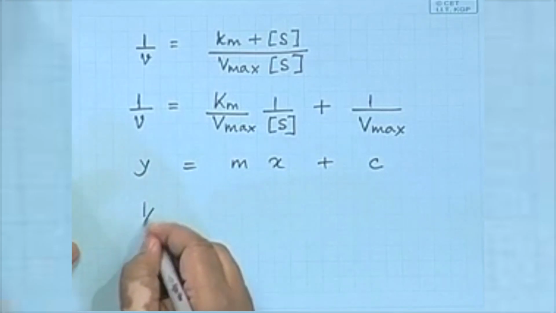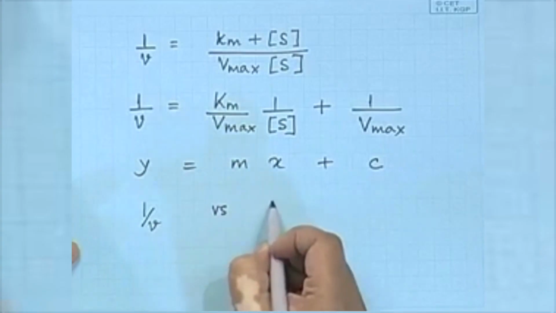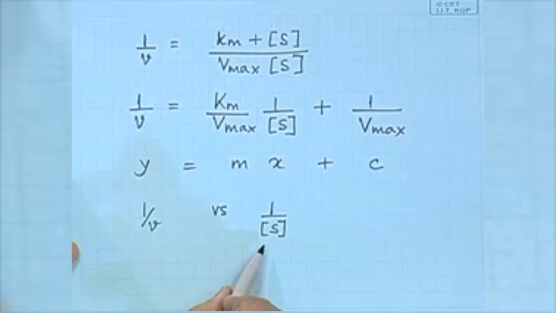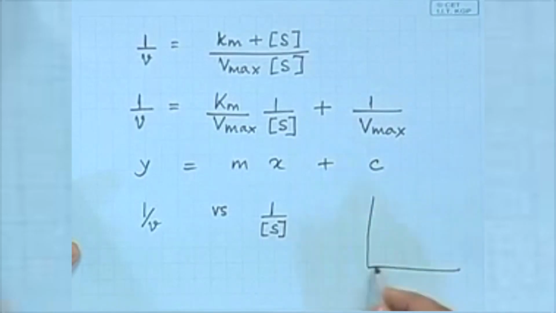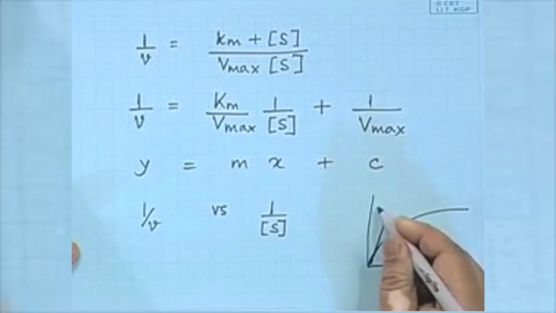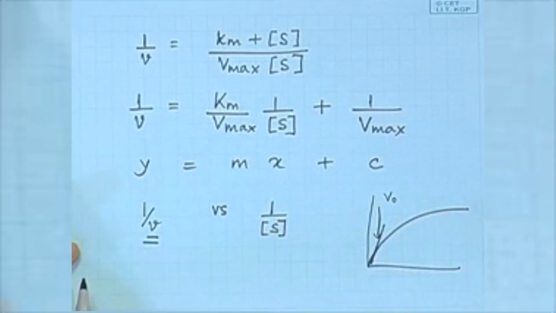If I plot 1 by V versus 1 by S, this is something I know, because I know what substrate concentration I start out with, and I can find out from my curve this initial value for V0. So this is the velocity I know, the substrate concentration I know. So what do I get?